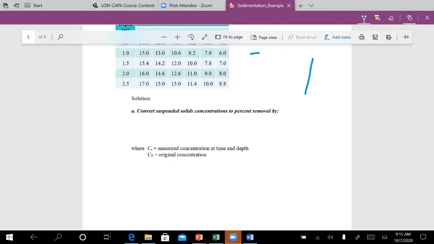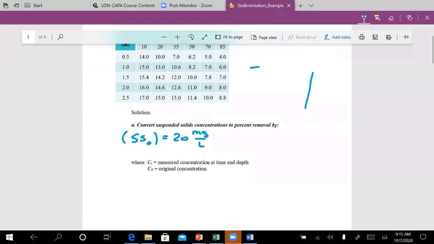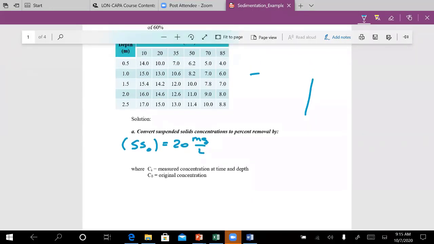We have a suspended solids concentration of 20 milligrams per liter. For instance, for a set of data, it's straightforward. We have 20 minus 14 over 20, that's equal to 6 over 20, which is 30%.